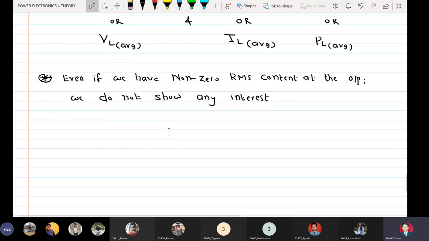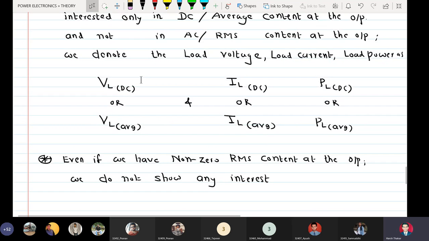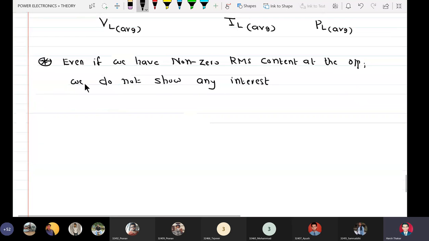Okay, that is why we never define VLRMS or ILRMS or PLRMS as the outputs of a converter.